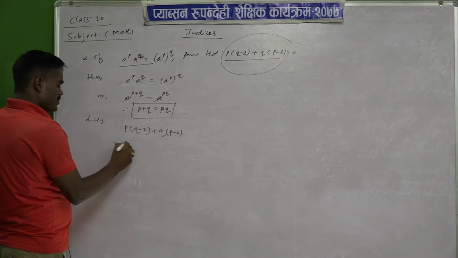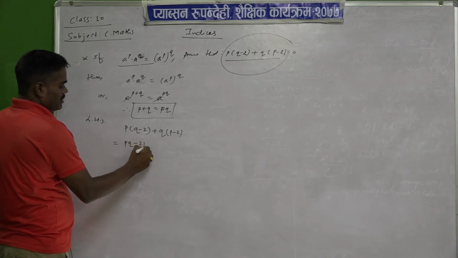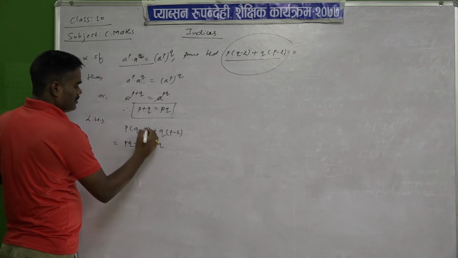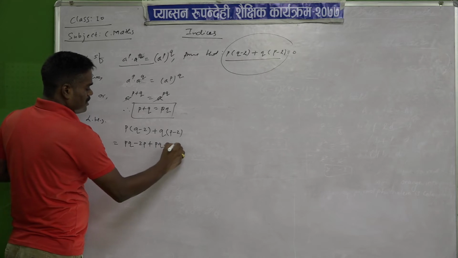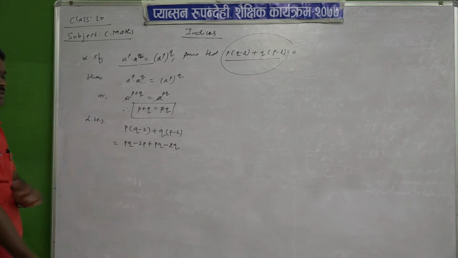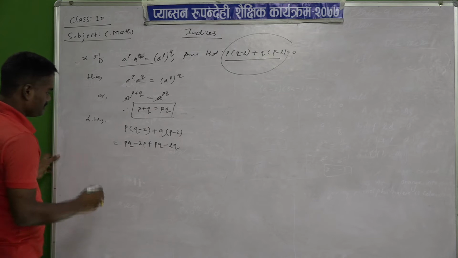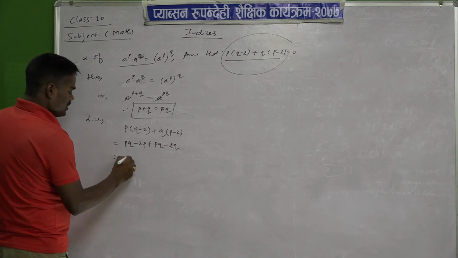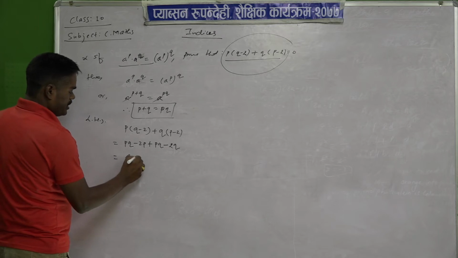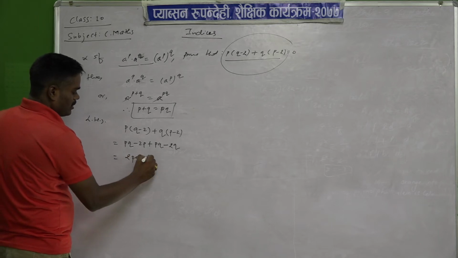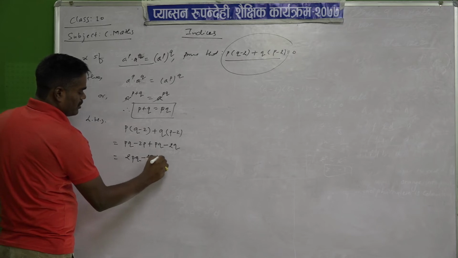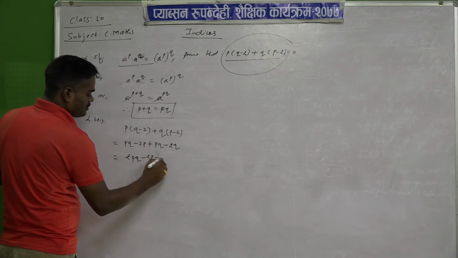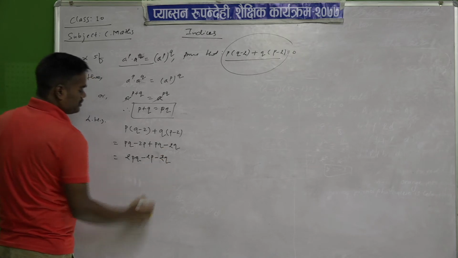So p into q means pq minus 2p, plus pq plus into minus 2q. Then here pq plus pq means 2pq, and here minus 2p minus 2q.